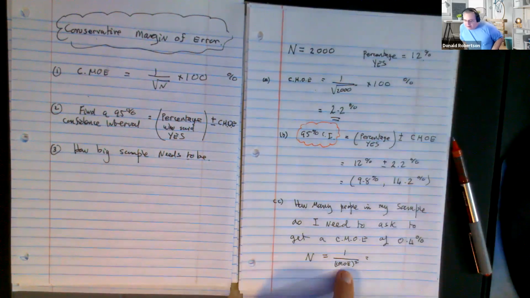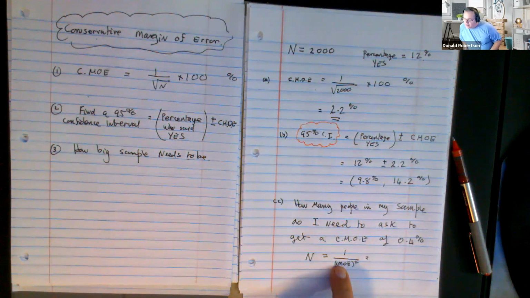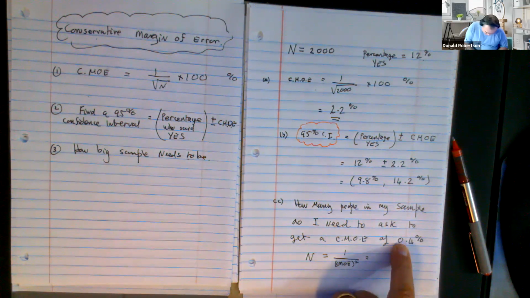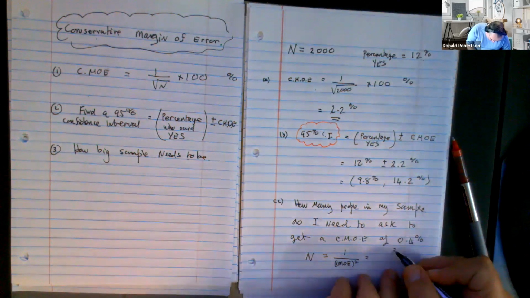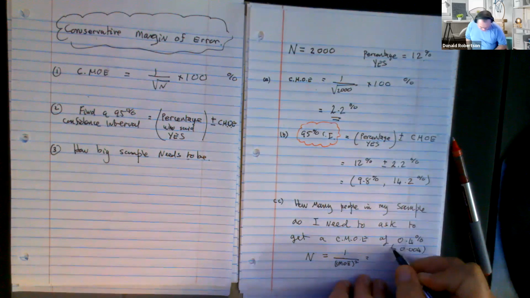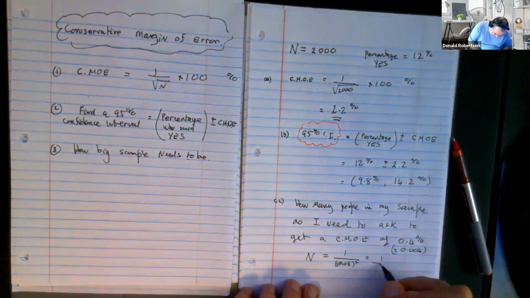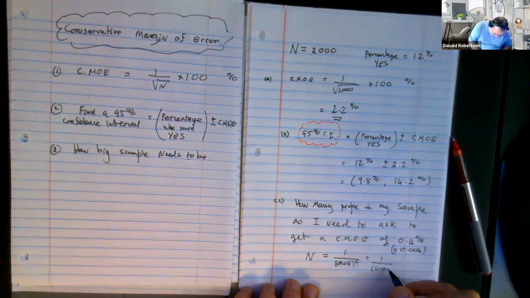But if I wanted a margin of error of 2%, I don't put 2 there, right? The little tweak is you have to write it as a decimal when you use it in this formula. So the margin of error is 0.04, but the number that we use is the decimal version of that. So in this formula, it's 1 over the margin of error written as a decimal, squared.